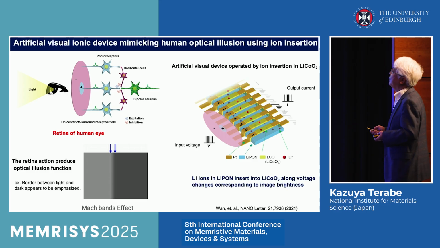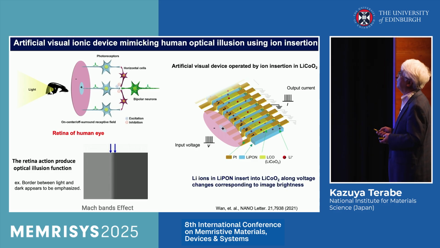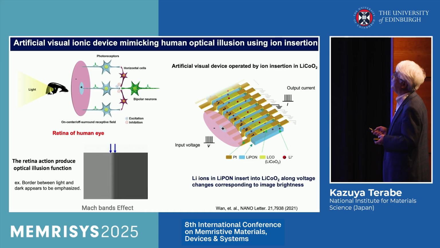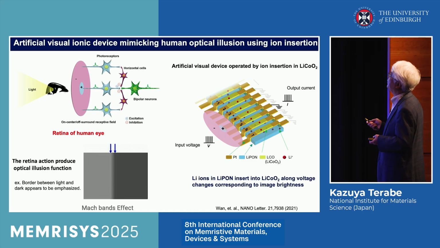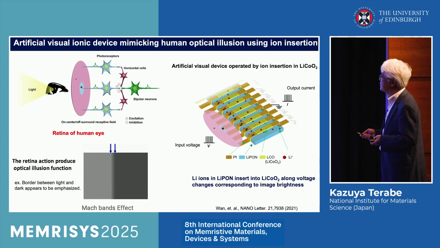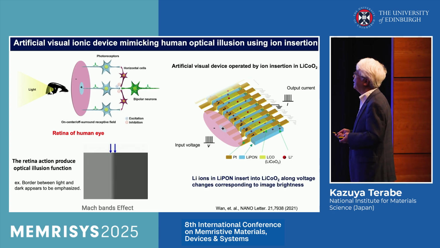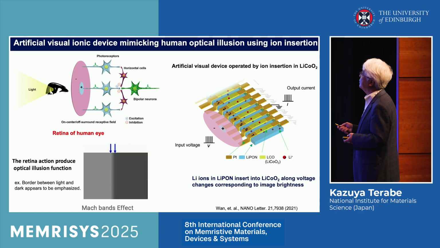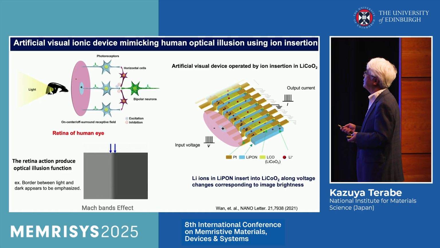So finally, we also fabricate artificial visual ionic devices mimicking the human optical illusion using the ion insertion. This shows the retina of a human eye. The photoreceptor receives the light signal and converts it to the electric signal.